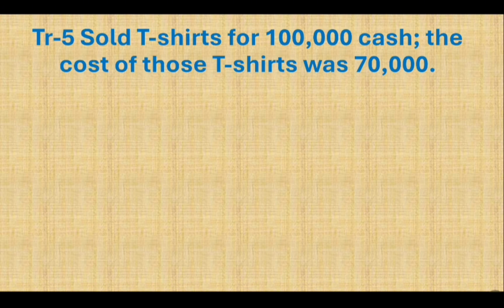Now let's see, in the case of transaction 5, the company sold t-shirts for 100,000 in cash. The cost of those t-shirts was 70,000. So there are t-shirts in the company that cost 70,000, but actually the company sold them for 100,000.